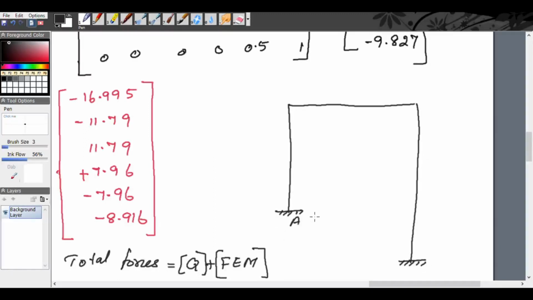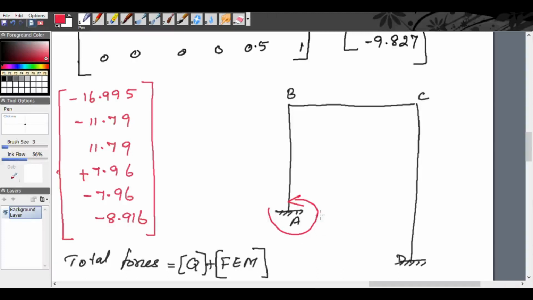So this is A, B, C and D. Now this is the first Q1. So our Q1 is minus 16.995. If it is minus, it is anti-clockwise, right?